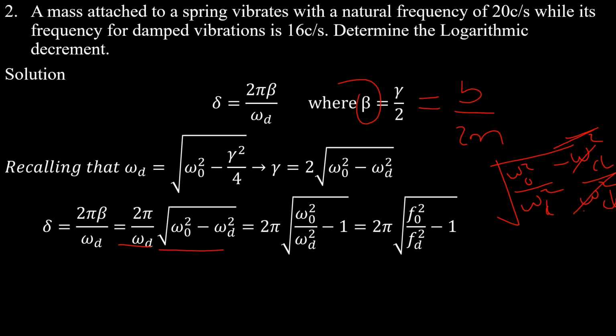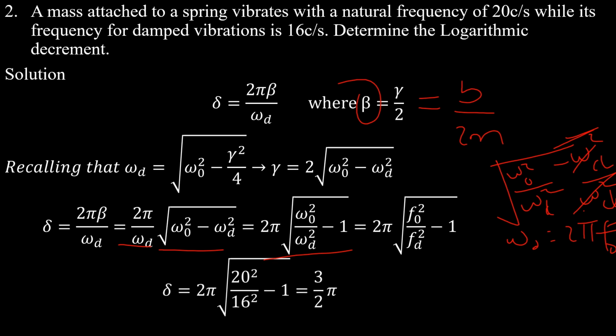So we finally have this expression here. We can replace omega naught with 2 pi f naught, and similarly do the same for omega d. Finally we get that expression, and if we substitute f naught, which is our natural frequency, 20 cycles per second, and fd, 16 cycles per second, we end up having 3 over 2 pi.